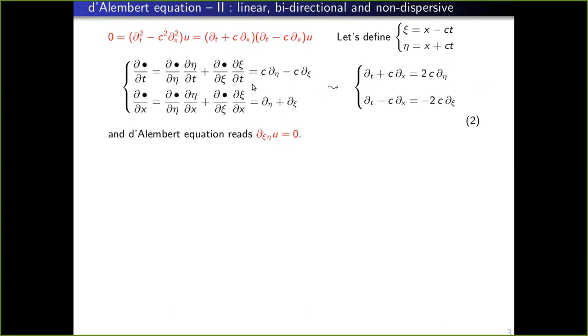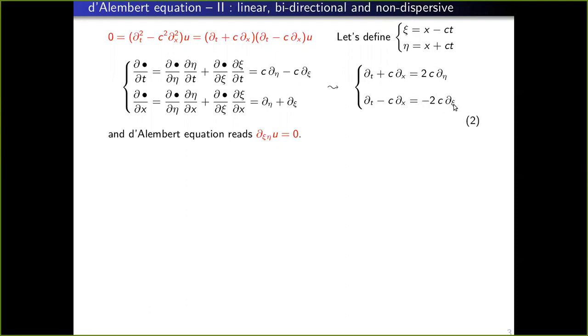Doing the same for x leads to this expression. And now, if you combine both, like here, dt plus c dx, for instance, well, you have c d eta plus c d eta, and these two guys will not cancel. So remains 2c d eta. And instead, if you combine like that, you get minus 2c d psi.